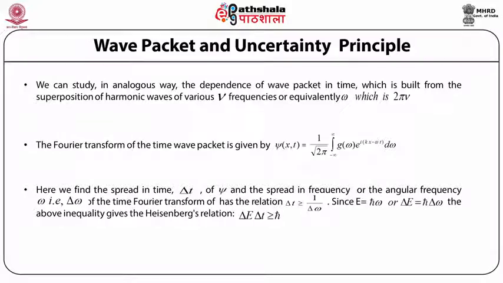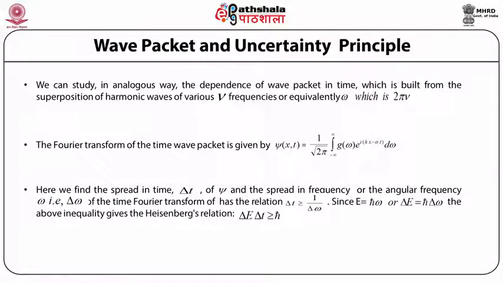Now, the energy associated with the wave packet having an angular frequency omega is given by E is equal to h cross omega, where h cross is equal to h by 2 pi and h is the Planck's constant.